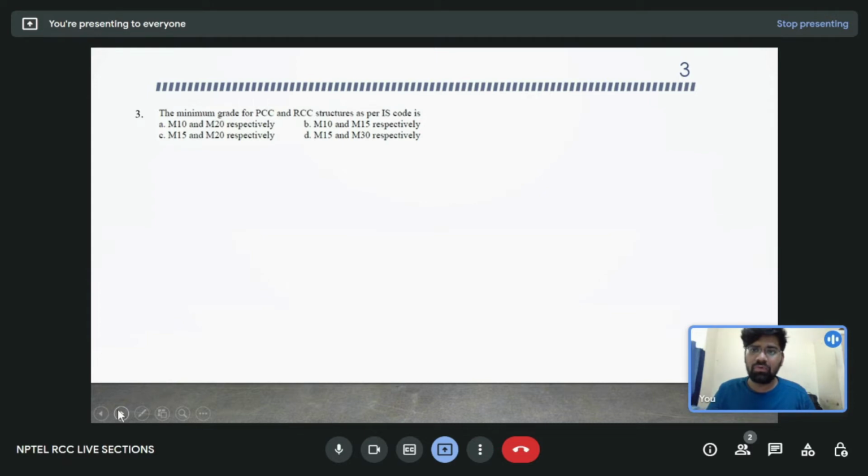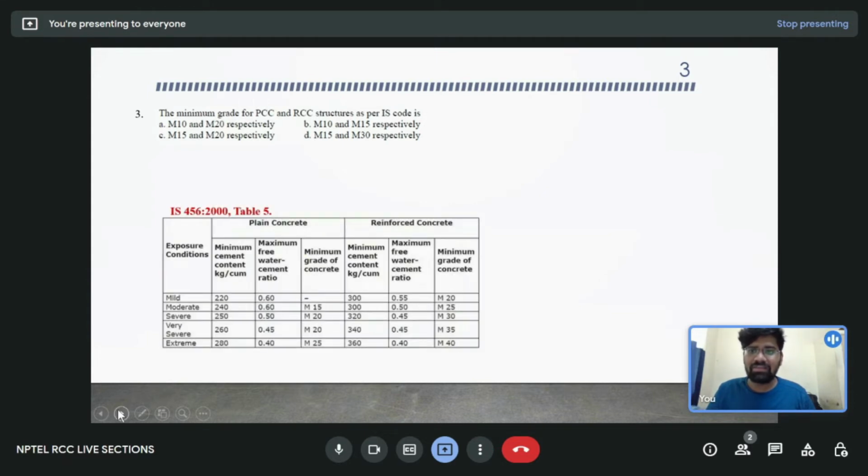According to IS 456, we have the minimum and maximum grade of concrete which we should use under different exposure conditions. It is mentioned in IS 456:2000. IS codes are basically design guidelines which we are supposed to use. These guidelines are based upon years of research, and they are updated frequently.